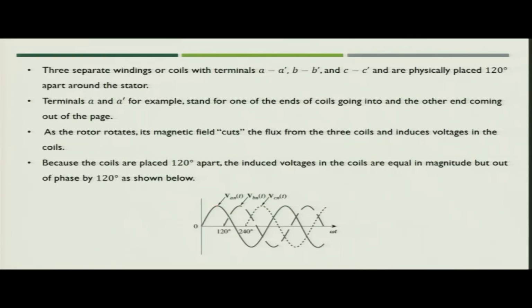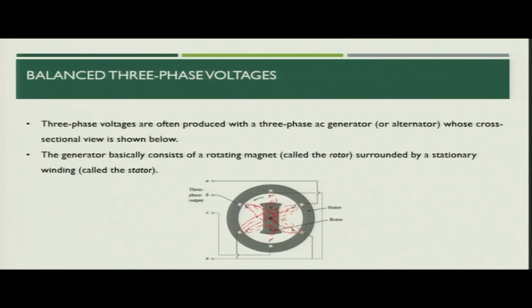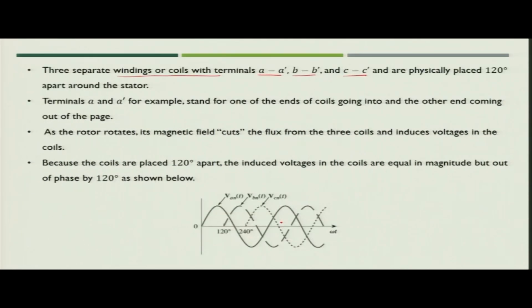Now, these separate windings or coils which you see as A dash, B dash, C dash in the figure, we arrange in such a way that it completes one set of arrangement for one particular phase. They are physically 120 degrees apart around the stator.